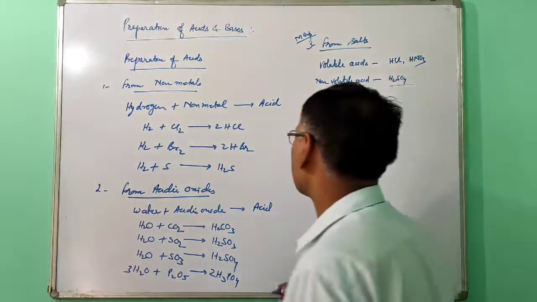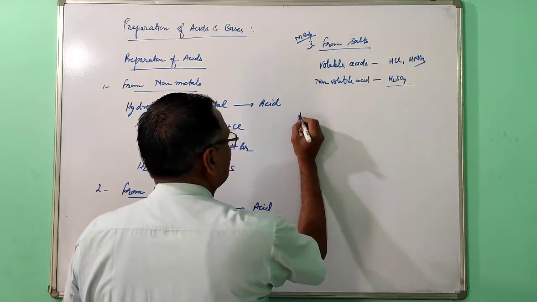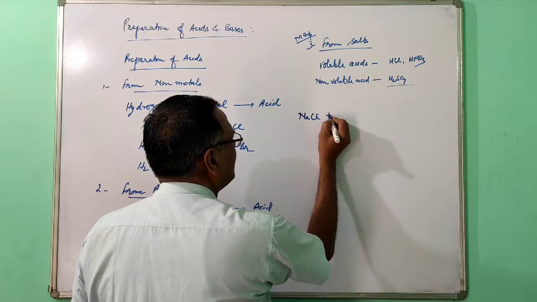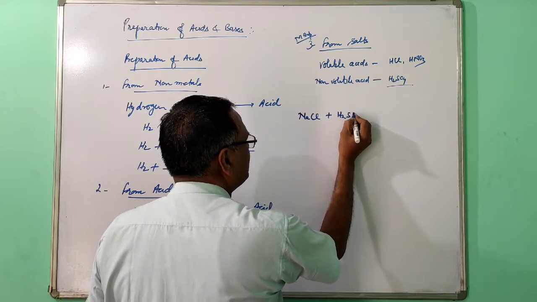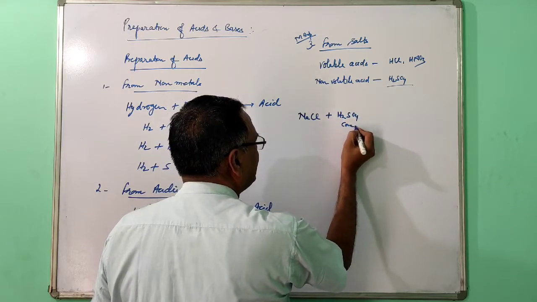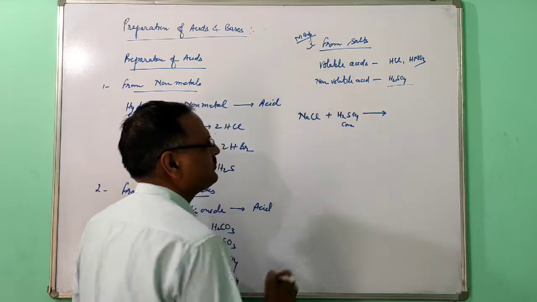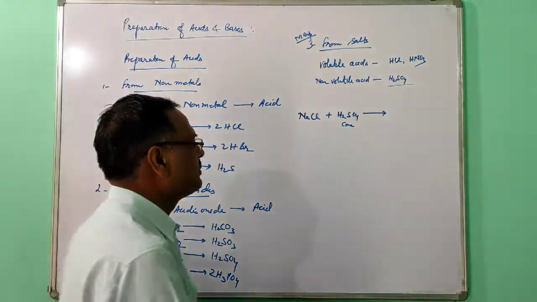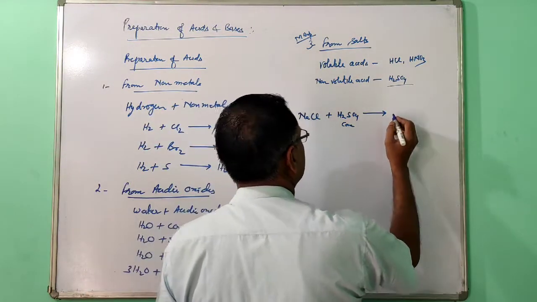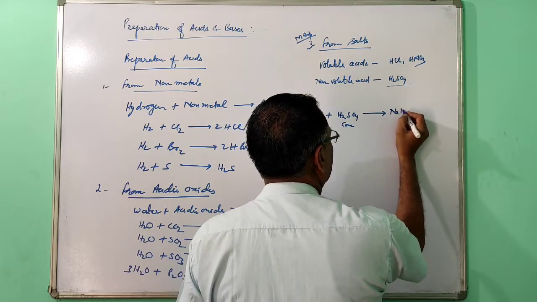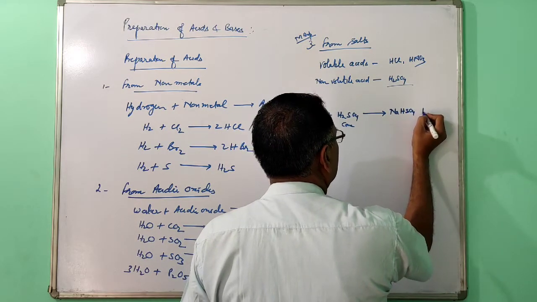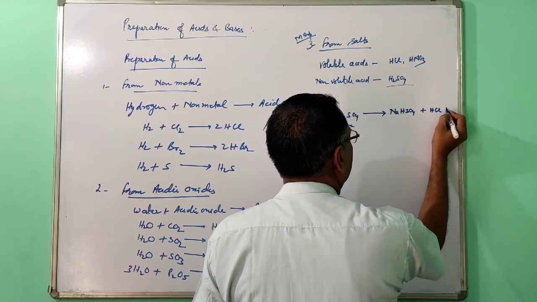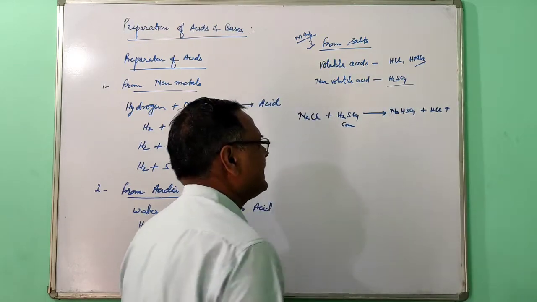For example, if you want to prepare HCl, then take sodium chloride and heat with concentrated H2SO4. That will displace HCl. This will form NaHSO4 plus HCl. So this one is a volatile acid.